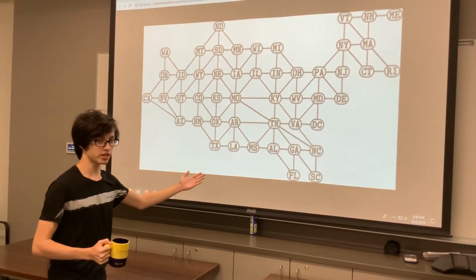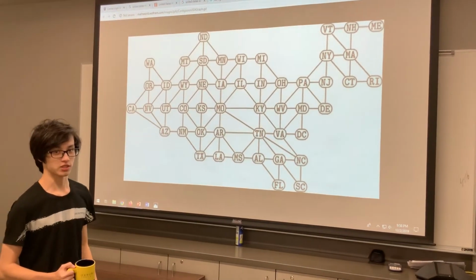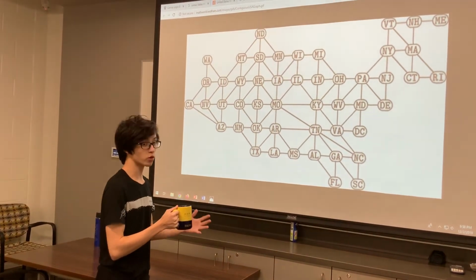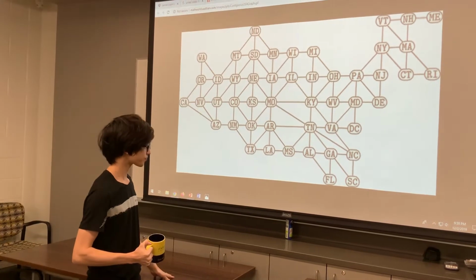Well, as you can see here, this is the United States represented as a graph. Each of the states is a vertex, and when they border each other, there's an edge formed between them.